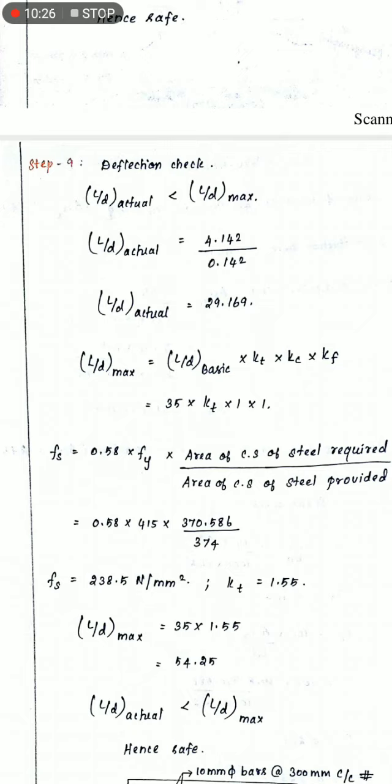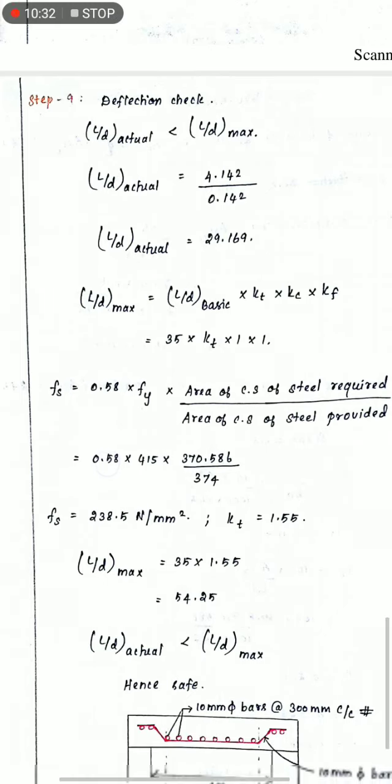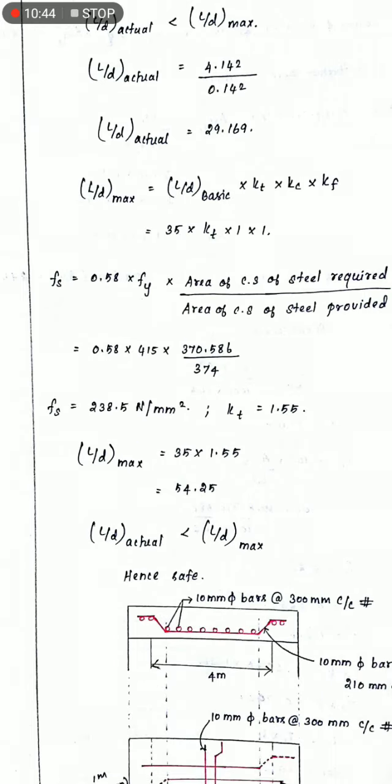The fs value is 238.5 newton per mm square, so kt equals 1.55. Kc and kf are both 1, so L by D max equals 54.25. Therefore L by D actual is less than L by D max, so it is safe.